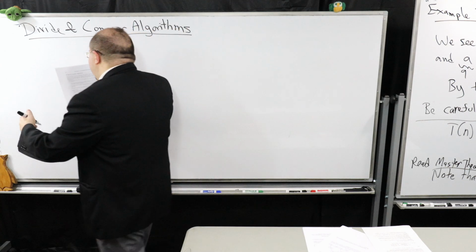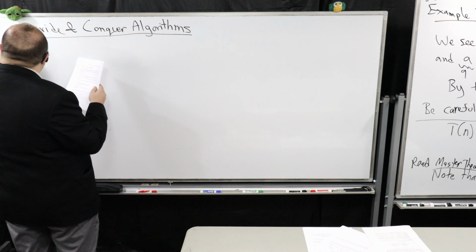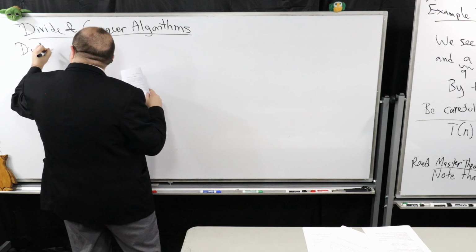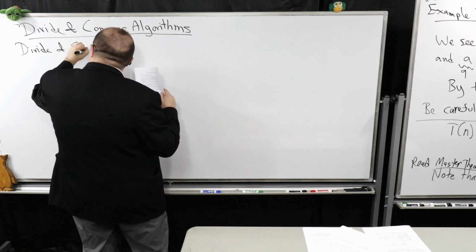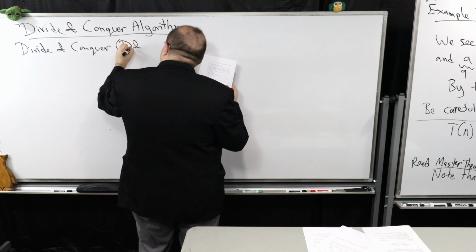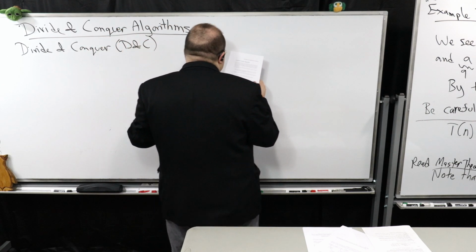Just to make this easier for myself, I'll write it here. Divide and conquer, which I'll abbreviate as D and C, because writing divide and conquer every time takes a little while.